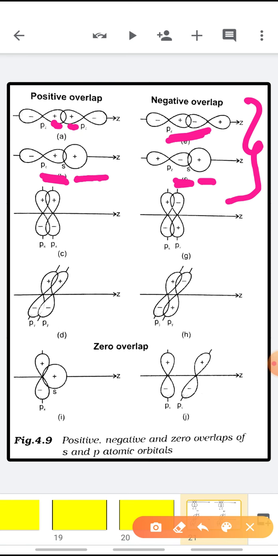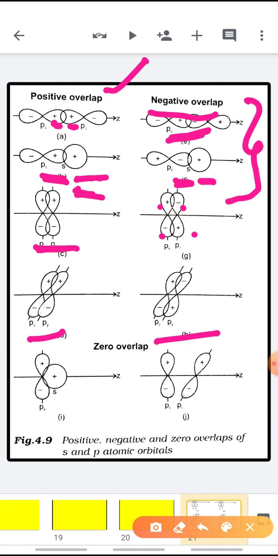If sidewise overlapping is taking place, then positive on positive and negative on negative will give positive overlapping, whereas if the negative lobe and the positive lobe overlap, it results in negative overlapping. Similarly, along the y-axis also, positive-positive will favor the formation of the bond, negative-negative will not favor the formation of the bond.